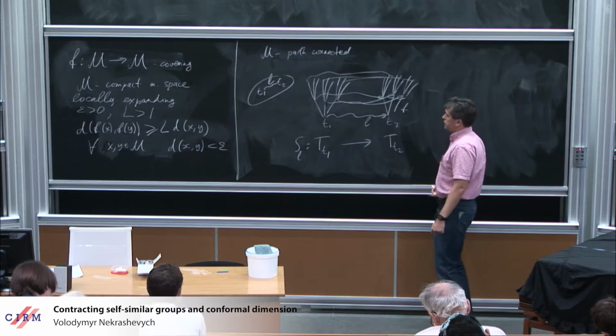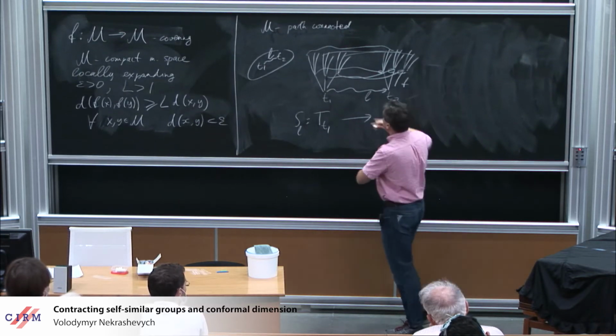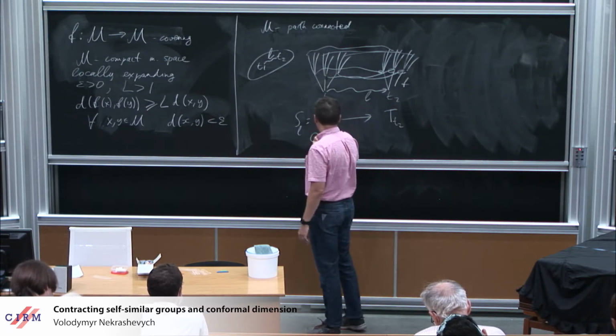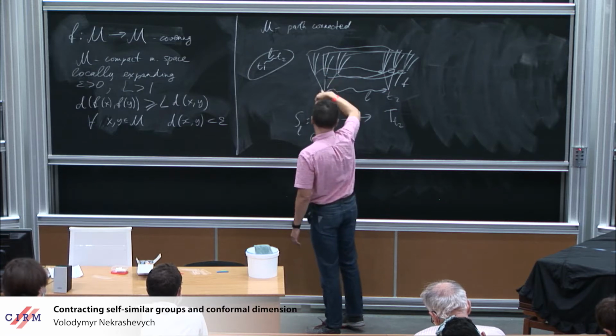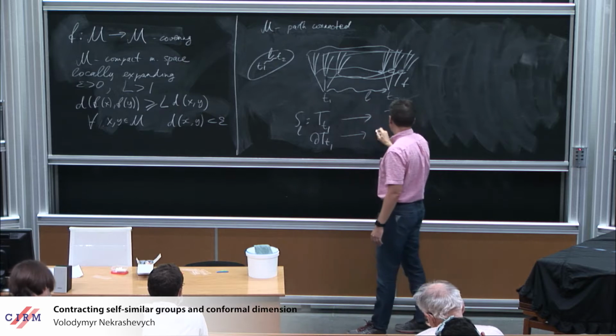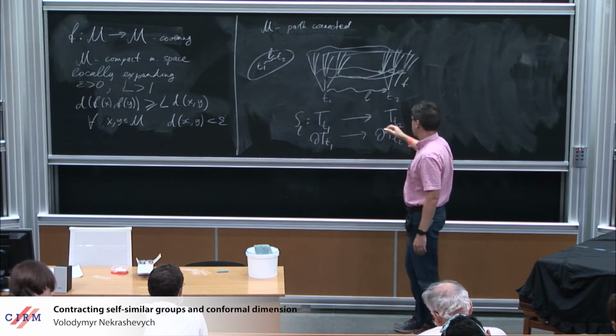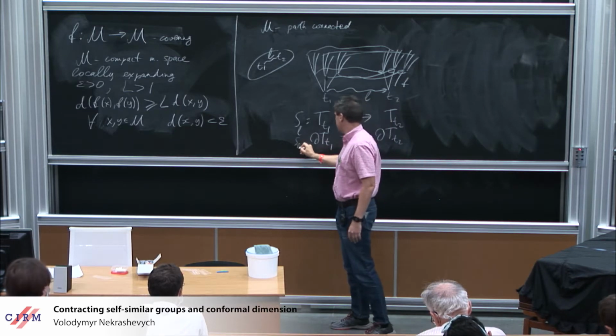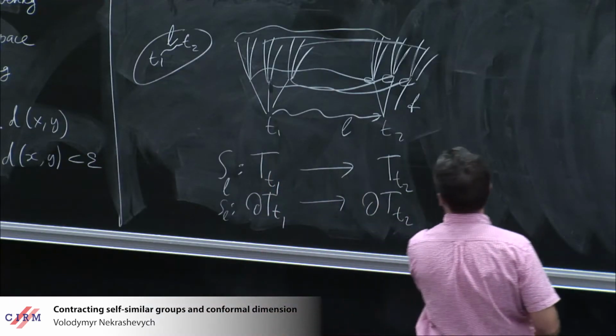And you can look at the boundary of these trees. So boundaries are Cantor sets of all infinite paths going to infinity, and this isomorphism of trees will define a homeomorphism of the boundaries of the trees.